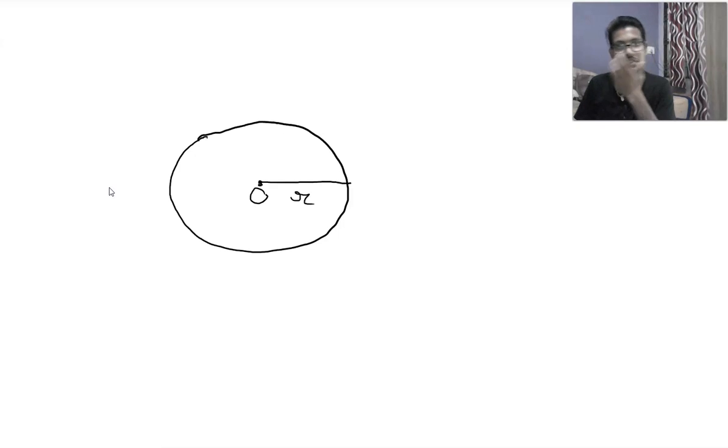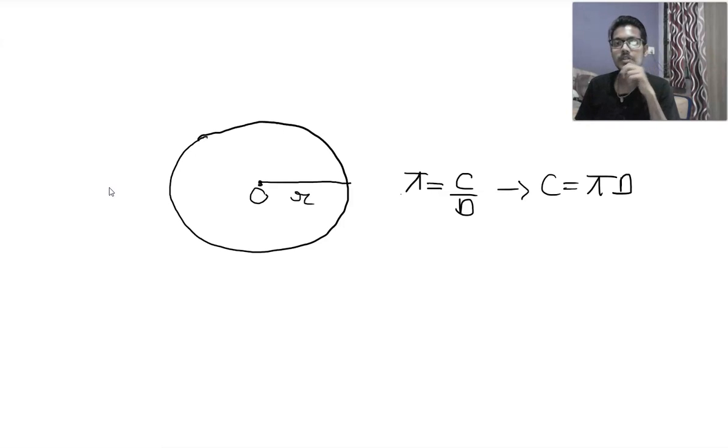We know that the circumference makes a constant ratio with the diameter of a circle, and this constant ratio is denoted by pi. So now we can say that circumference is equal to pi d, where d is the diameter, and diameter is equal to 2r, which is the largest chord.